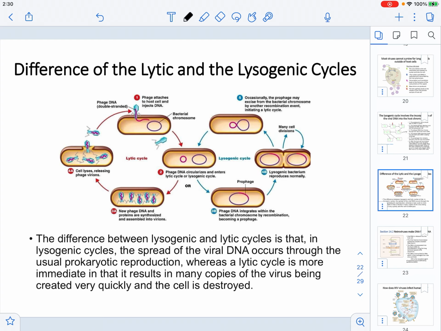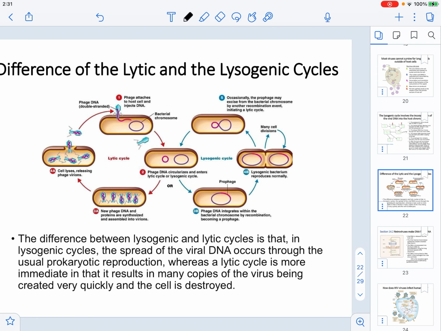Now, when we have the lytic cycle, the results of incorporating the DNA from the virus into our specimen, which in this case we're just illustrating through a prokaryote, are going to be more immediate, because the copies of the virus are going to be created very quickly and the cell is going to be destroyed.